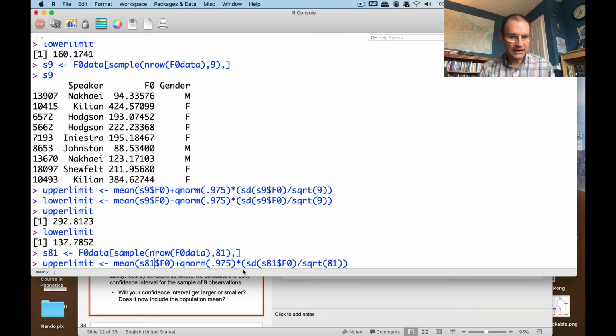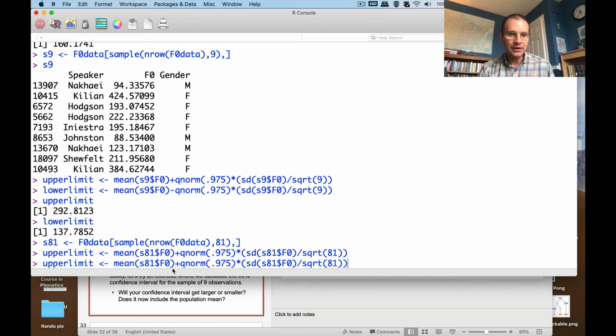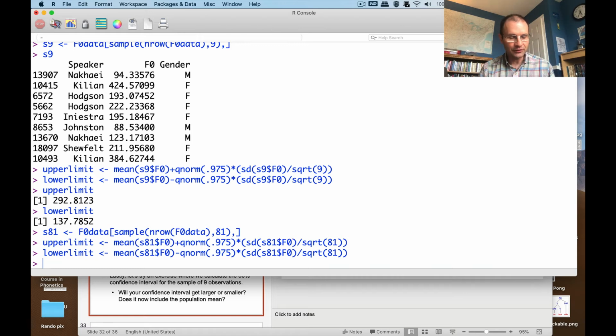The population mean is not changing here at all. Just keep that in mind. We have the same underlying population, but I'm taking a bigger sample from it. And in doing that, we'll see what our upper and lower limits look like for our confidence interval. Still a 95% confidence interval. The only thing that's changed is this number 81.